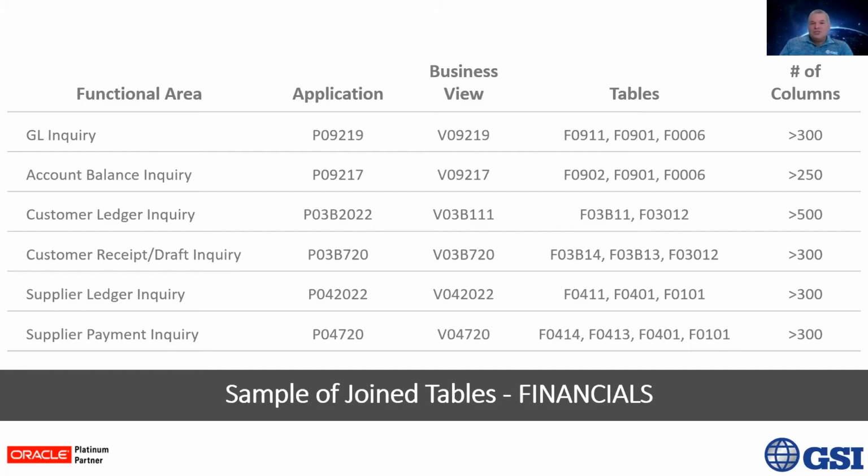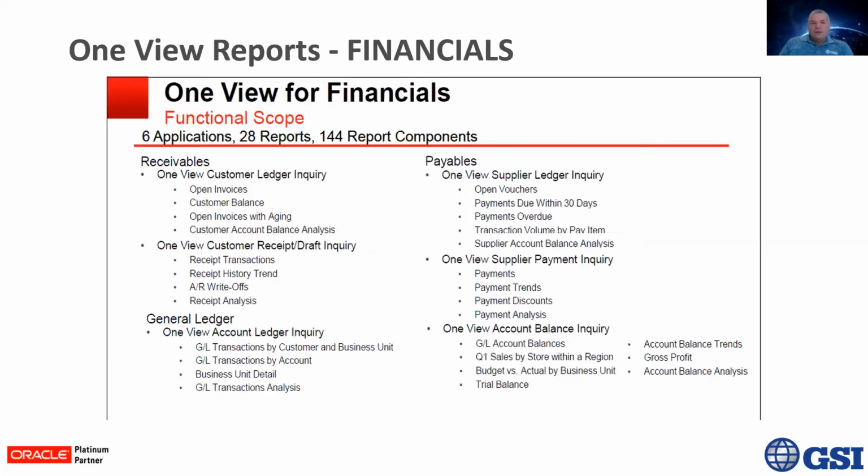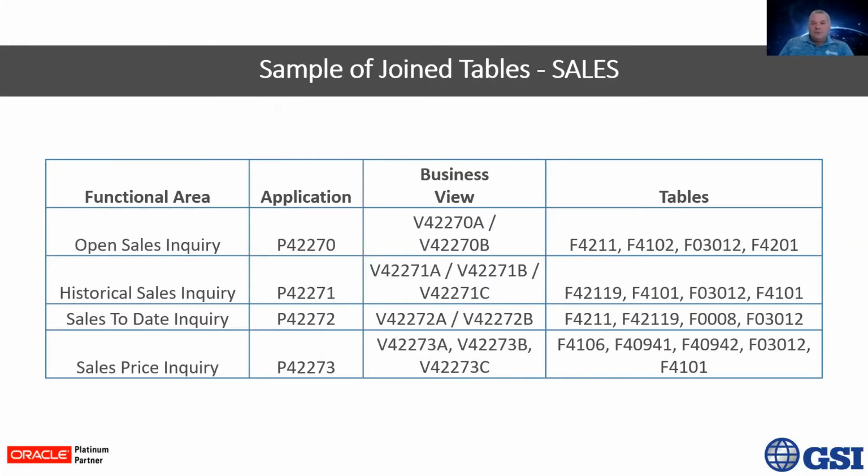And again, here's a listing of what they have for the financials, no big deal. The same thing for sales. Look at the very top row, open sales inquiry. It takes the sales order detail, it looks at the inventory item balance table, and it looks at the customer master table, so that you can now run a report for an item family for this group of customers and all the orders.